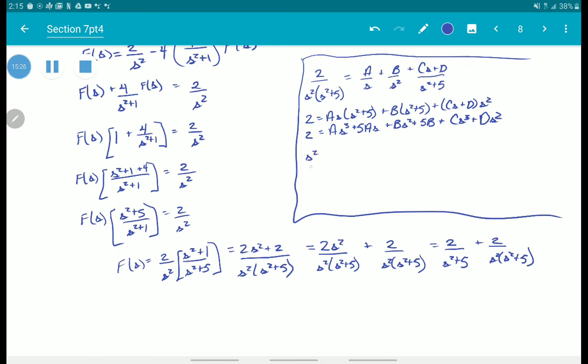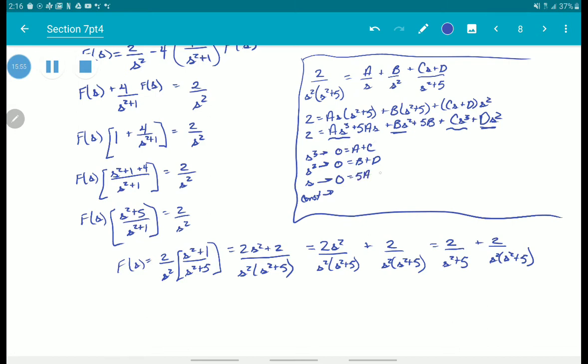So we have s cubed, s squared, s's, constants. 4 variables, 4 equations. 0 on the left, it's going to be a plus c. 0 on the left, b plus d.